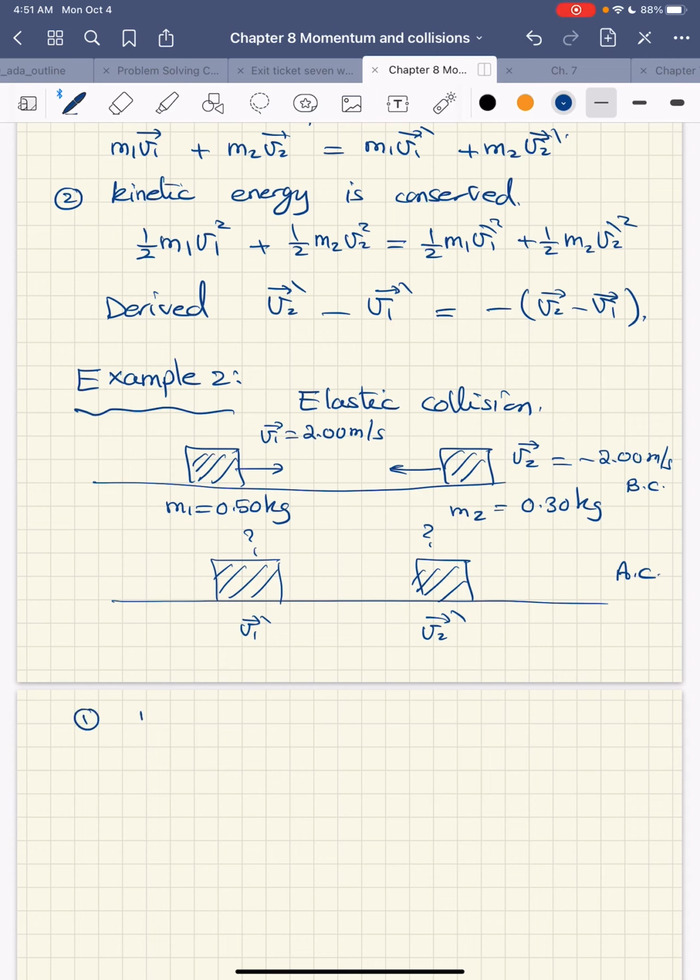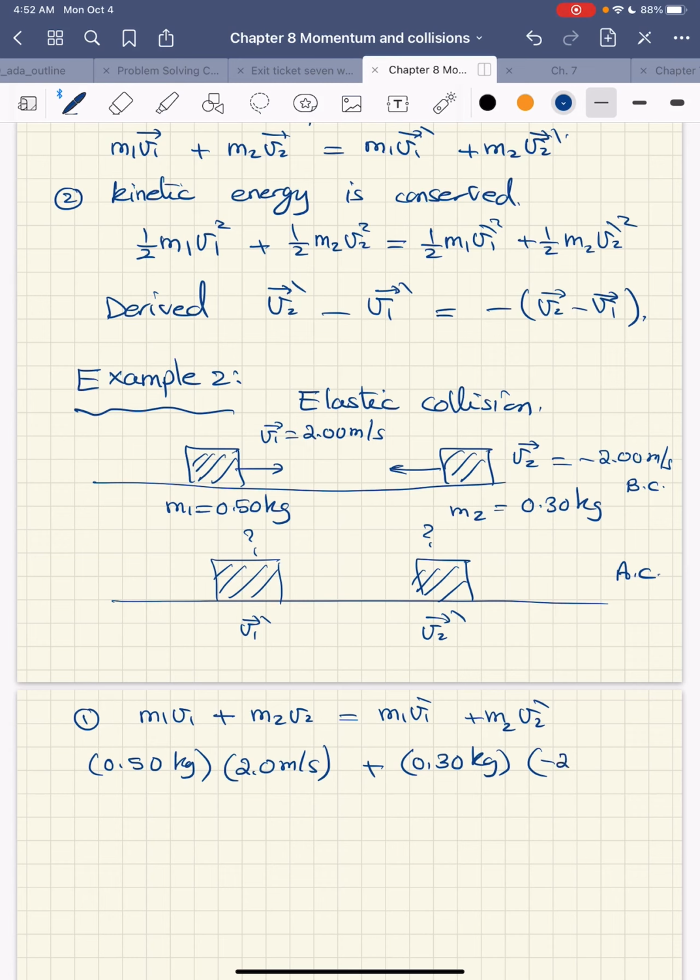First, I will apply conservation of momentum. I will get one equation from this. Just plug in the numbers and make an equation having the two velocities after collision, because these are really my unknowns.